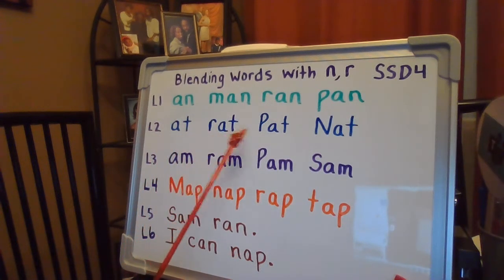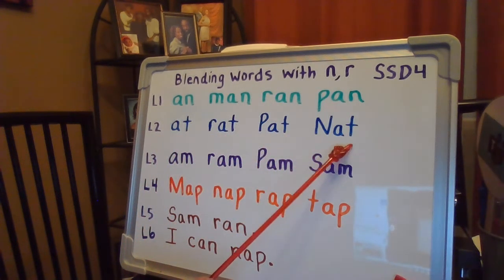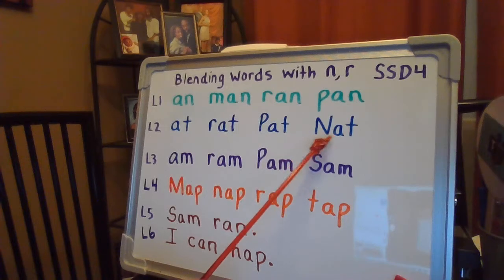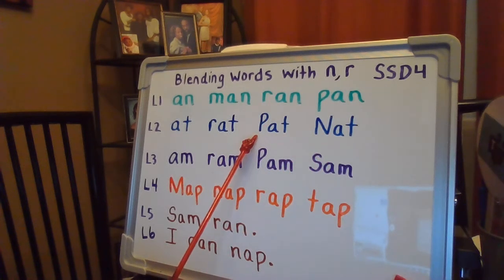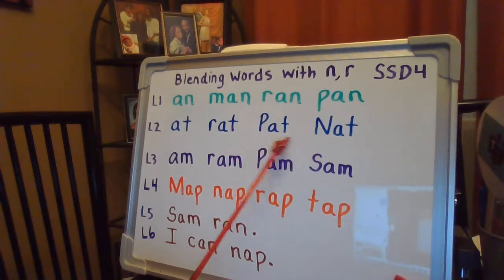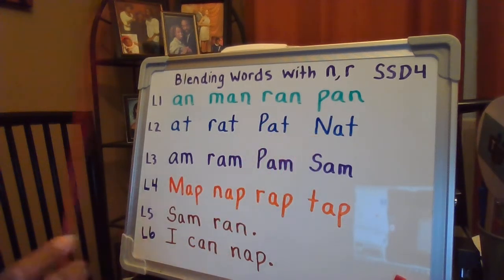At, rat, pat, gnat. Notice, boys and girls, the P in pat and the N in gnat. There's a capital letter. The reason why these two words have capital letters is because they are a person's name, Pat and Nat.